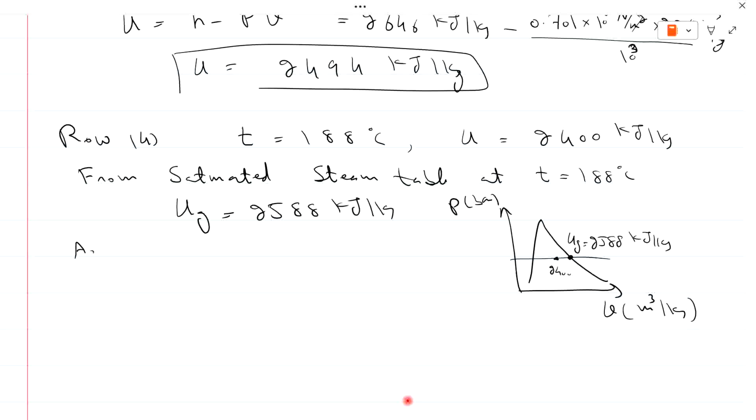So as U is less than Ug, the properties are in the wet region. So we will use the saturated steam table.